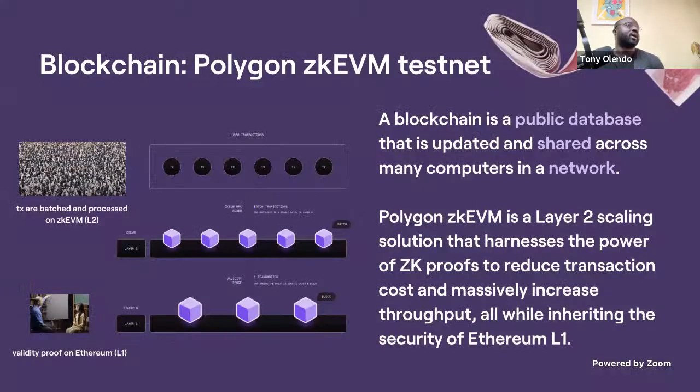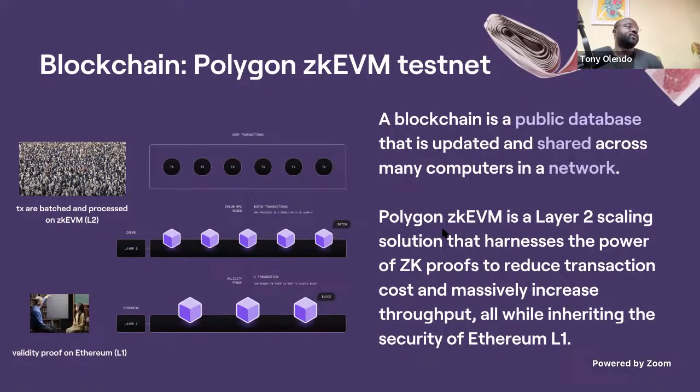How it essentially works is that a blockchain is a public database, and it's a shared computation layer. The way we think of the EVM is that it's like a shared state machine, or the world computer. And specifically on zkEVM, we have transactions that are batched and processed. So you have the initial step where the transactions come in, and then they are sequenced.